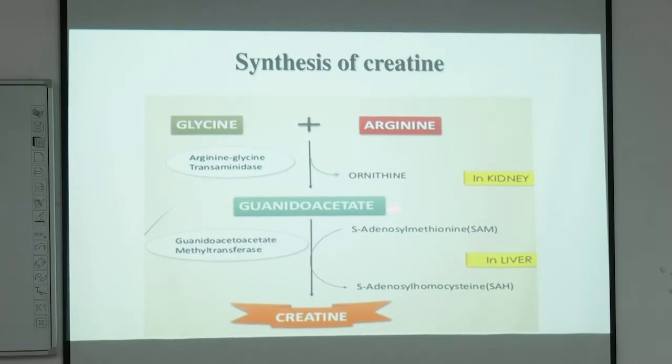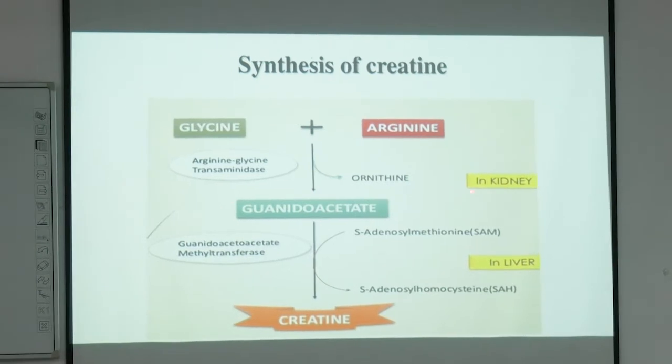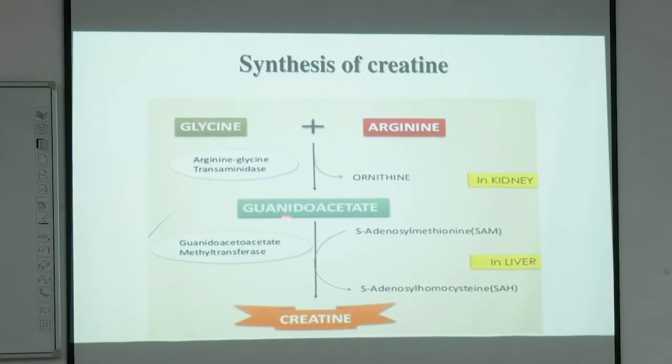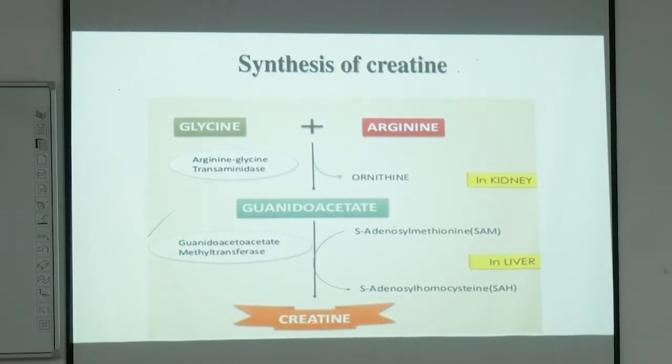It is synthesized in the kidney. Then from guanidoacetate, we are synthesizing creatine, and this step takes place in the liver. Here, a methyl group is donated to guanidoacetate to produce creatine. This is donated by SAM, and it is getting converted to SAH.